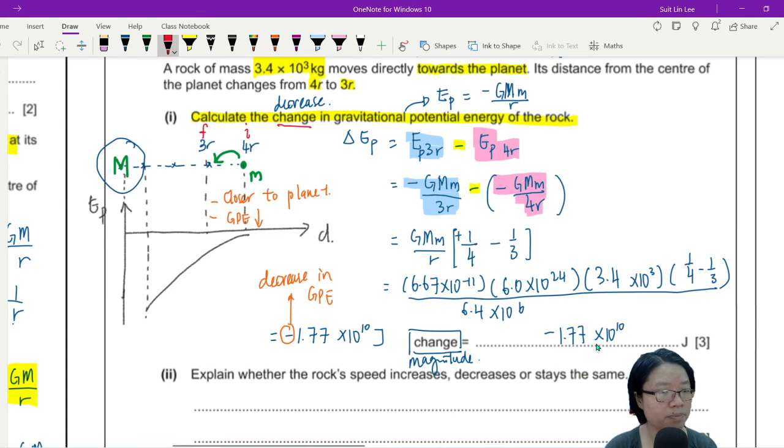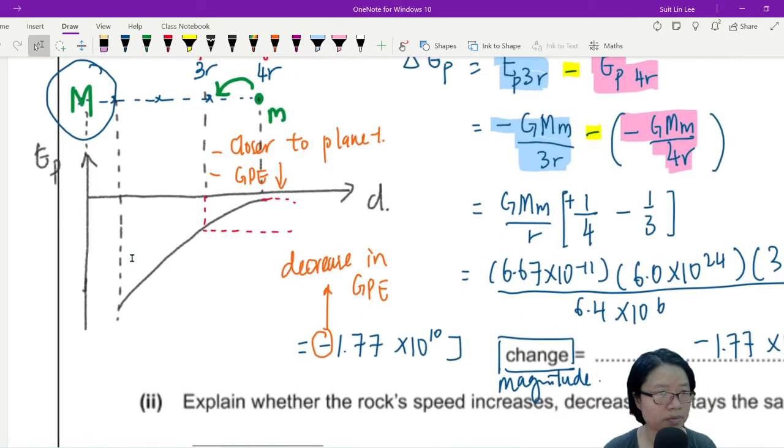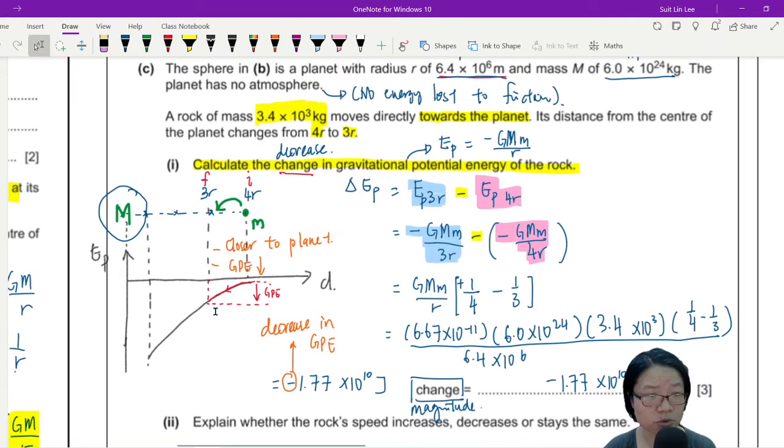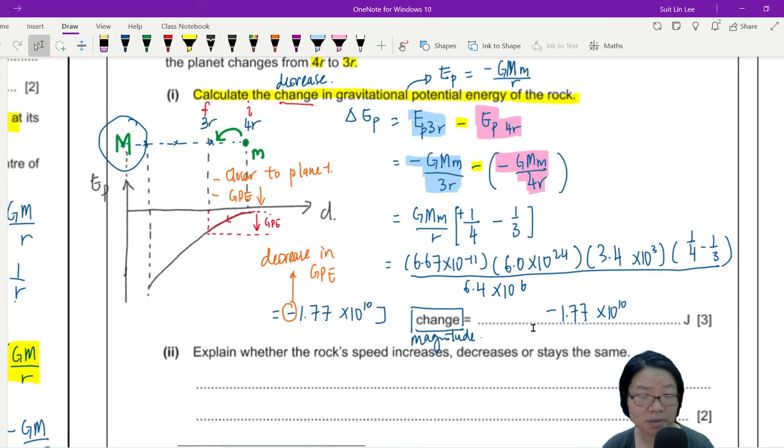So when we travel from 4R to 3R, traveling down this curve shows a drop in GPE. If you actually understand and internalize this graph in your head, it makes perfect sense. You know why the GPE decreases. Moving closer to the planet, this value is always negative, etc., etc. So keep the negative if you need it.